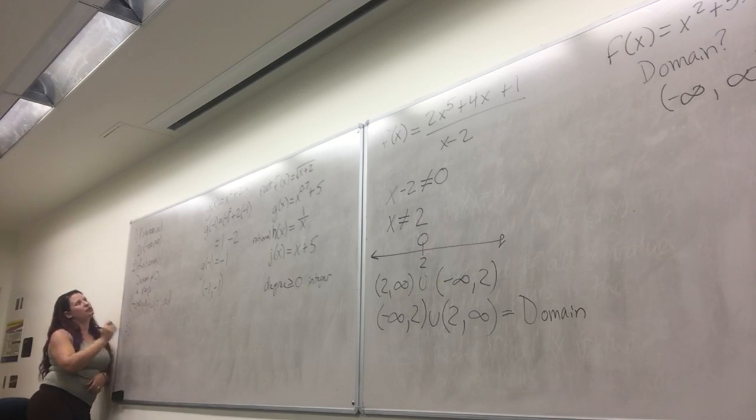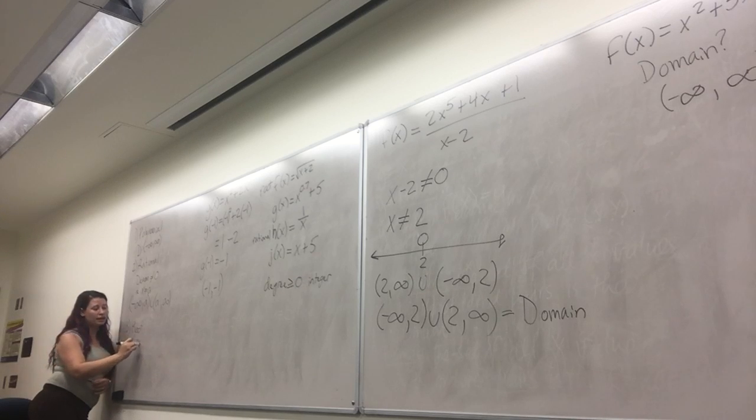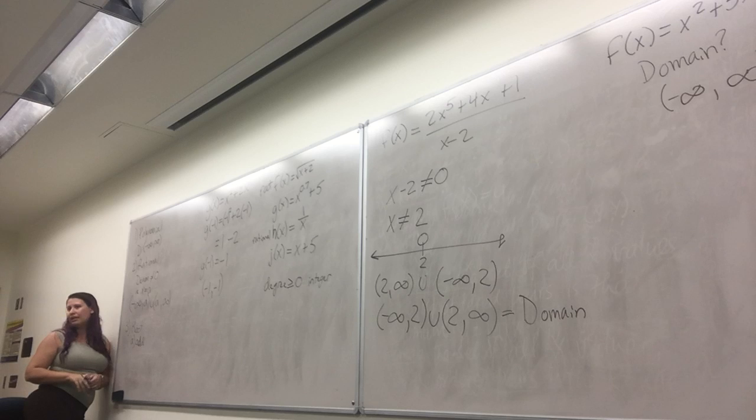Okay, then there's the third one we just did, root functions. So there's two pieces to this one, right? So if the root degree, the power of the root, is odd, is anything bad there?